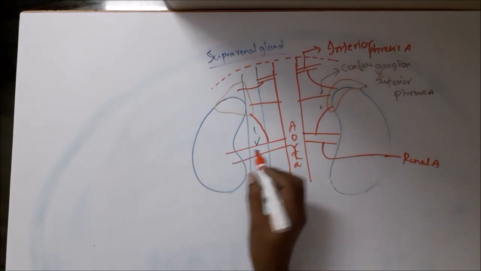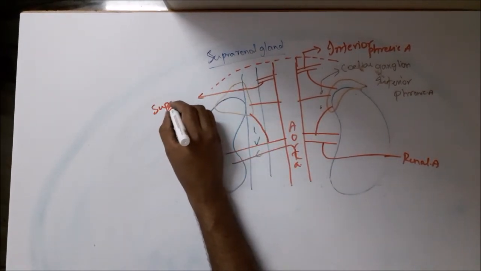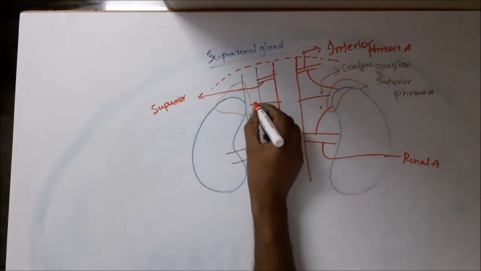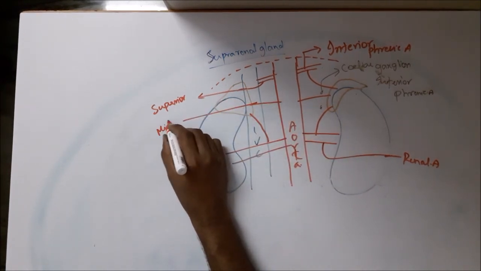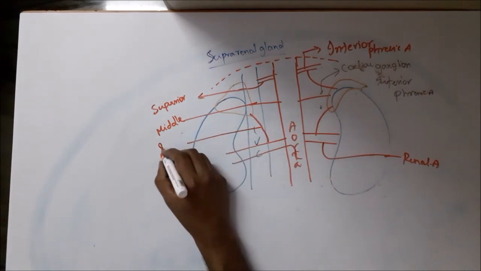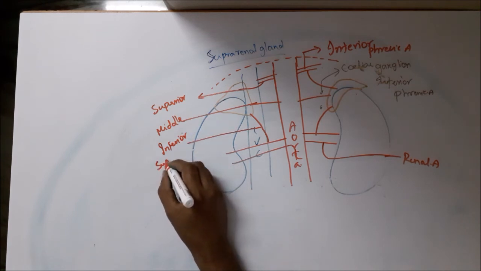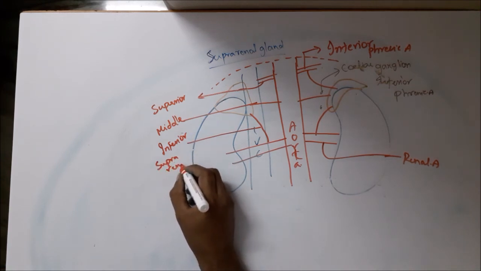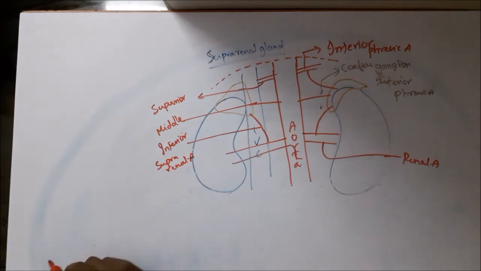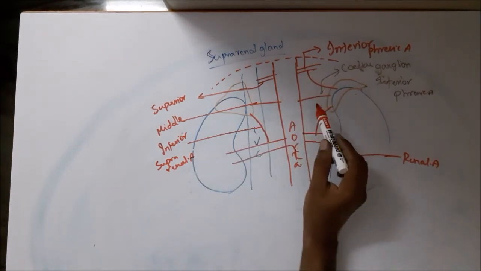Based on their position you are naming them as superior, middle and inferior suprarenal arteries. So superior suprarenal artery is a branch of the inferior phrenic artery.